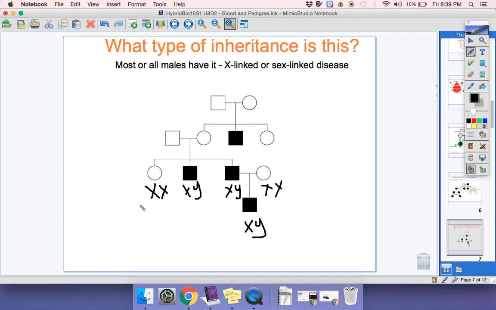Now, I'm not going to do the rest of it because I'm doing it by hand, but you need to do all of them. If I told you it was recessive, okay, and it's X-linked, that means that any of the boys that have it are going to have a lowercase letter. So remember, for sex-linked, we have to give them another letter as well.